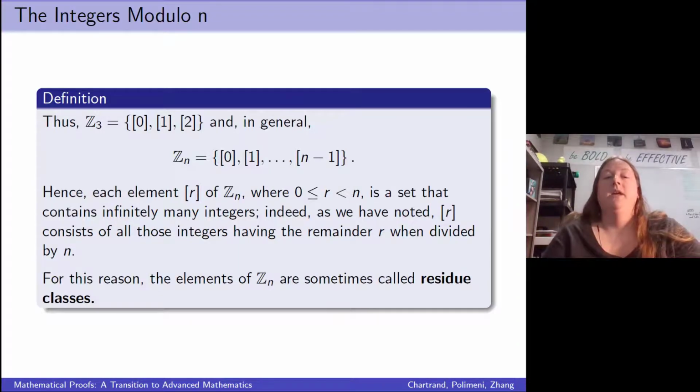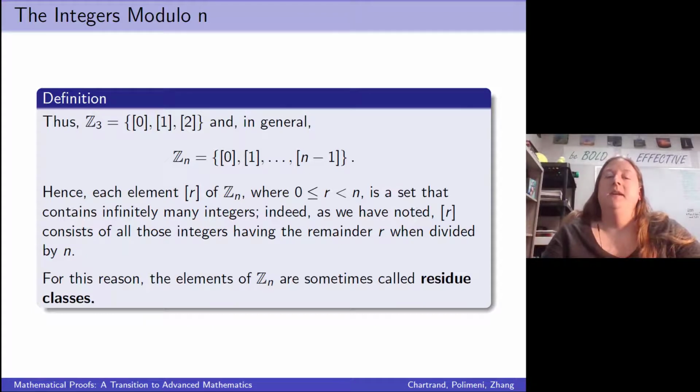So if I'm looking at the integers modulo 3, what I'm looking at is the set that contains the equivalence class of 0, the equivalence class of 1, and the equivalence class of 2. And in general, when I'm looking at the integers modulo n, I'm looking at the set containing the equivalence class of 0, the equivalence class of 1, all the way up to the equivalence class of n minus 1.